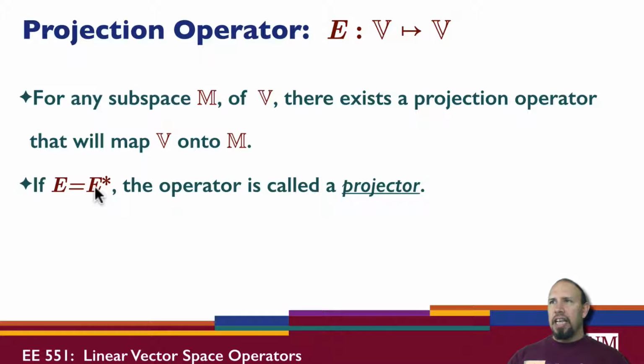If E is self-adjoint, that is, it is its own adjoint, E equals E adjoint, then E is called self-adjoint. If a projection is self-adjoint, it is called a projector.